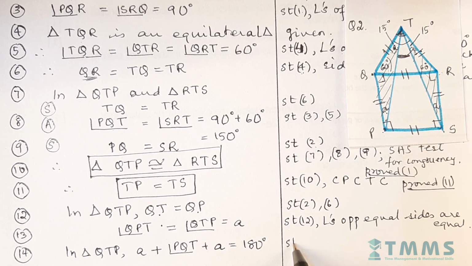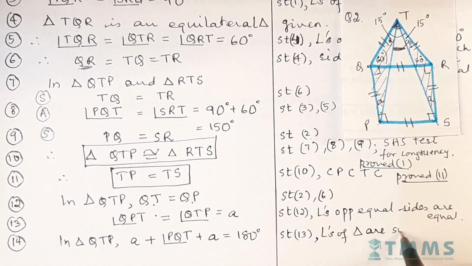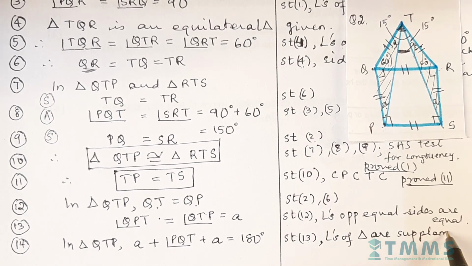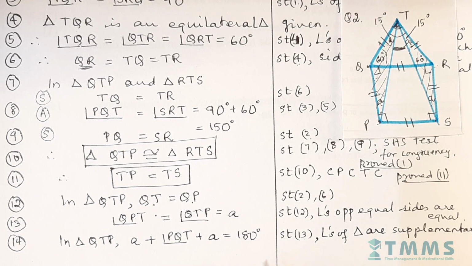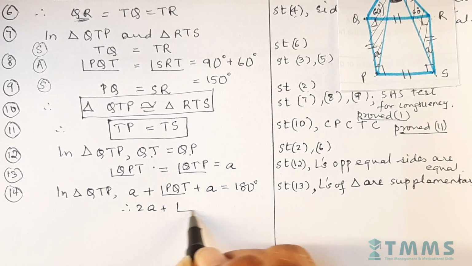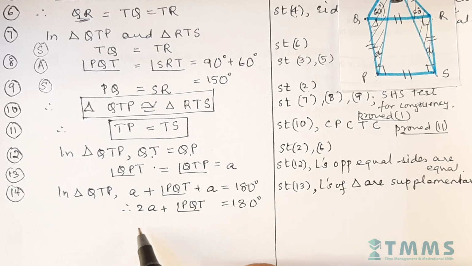And here we will say statement 13, because statement 13 says that these angles are equal to A. And then we will also say that angles of a triangle are supplementary. What does supplementary mean? Supplementary means that the sum of these angles is going to be 180 degrees. And so we will say therefore 2A plus angle PQT is equal to 180 degrees.